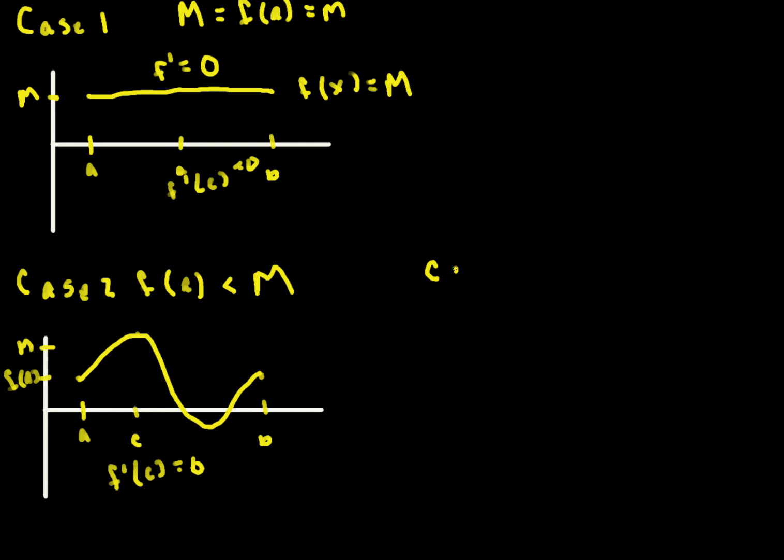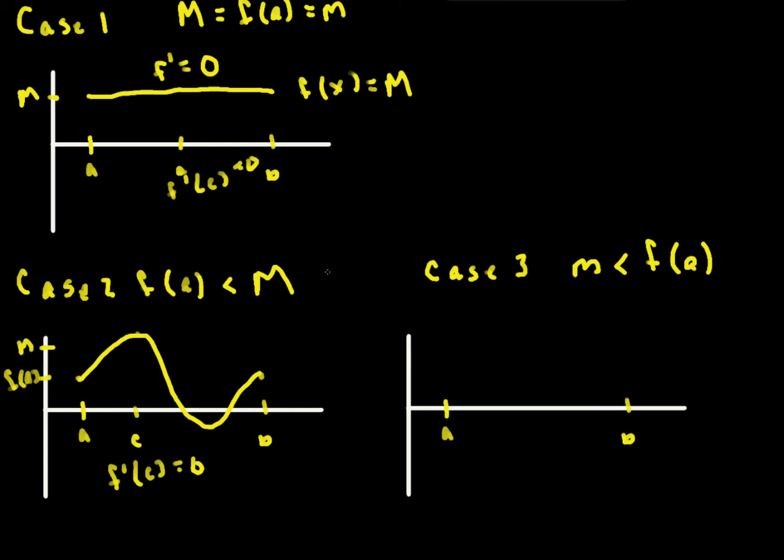Case 3 is saying that the minimum is strictly less than f of a. And again, a graph where this happens could look something like this. So let's in generality assume that this is where f of a is, and maybe the minimum's down here.